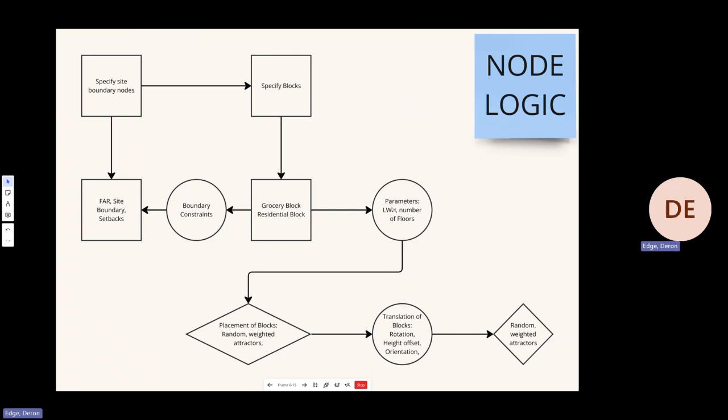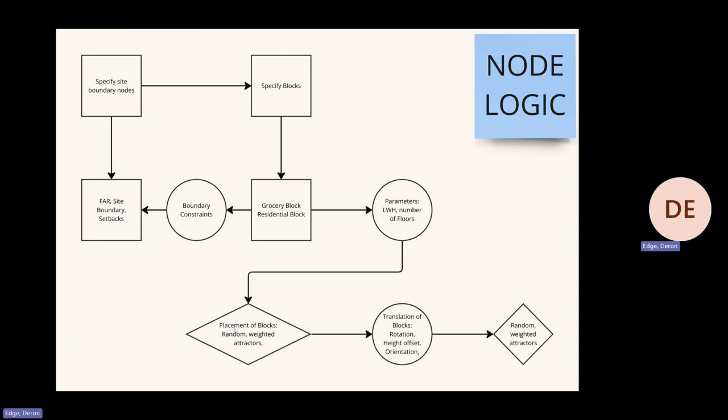You can adjust the parameters, and we can add as many parameters as we need to adjust these blocks or give them any kind of metadata that might be useful for us. The placement of the blocks could be driven by attractors, right? An attractor could be something like a pedestrian access point that we definitely want to orient to. Or if there's a main road, we want to orient, for example, the grocery store towards the main road.